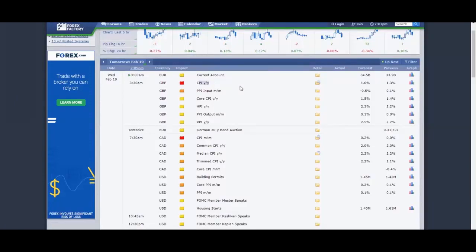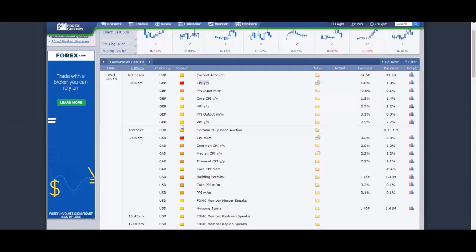CPI or inflation numbers are ones that the central bankers watch, so this is a very important number. If it comes in below expectations, we could see British pound drop as a result.